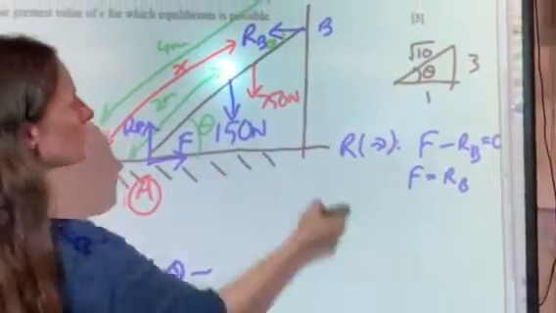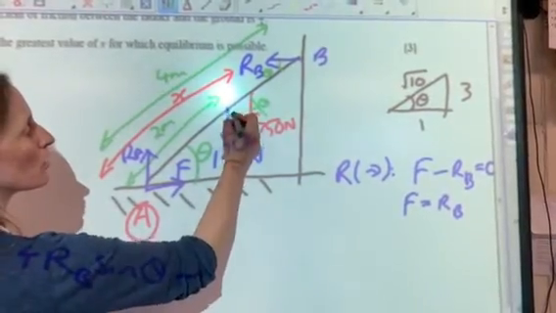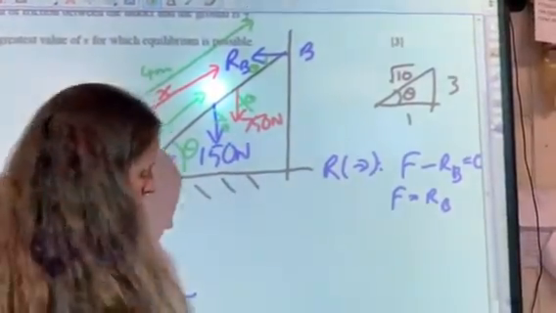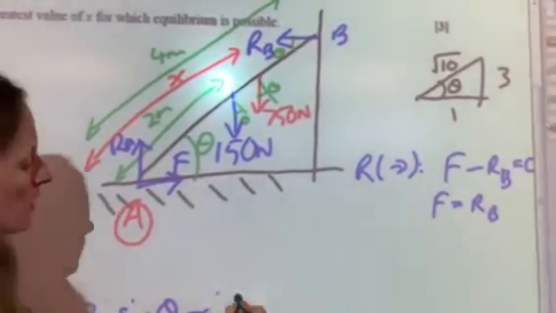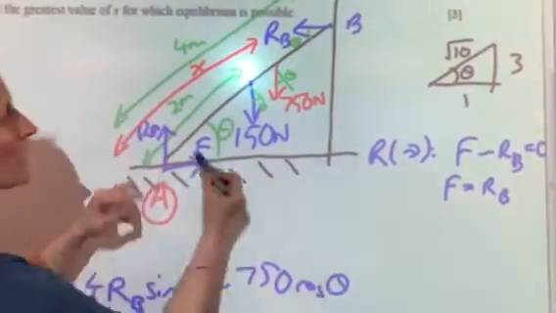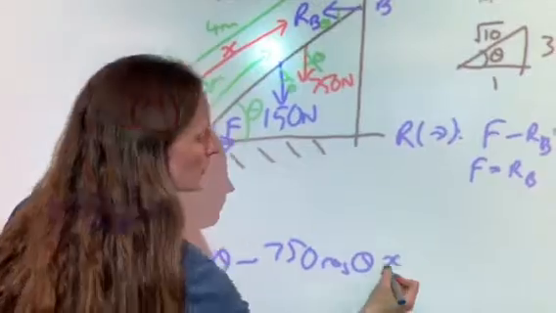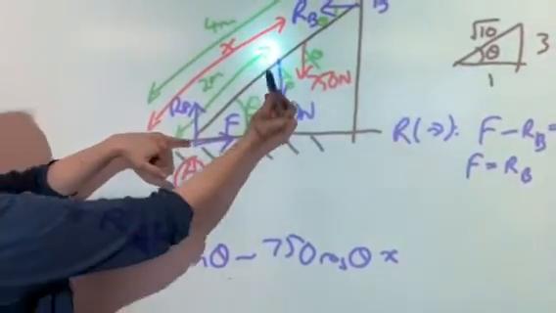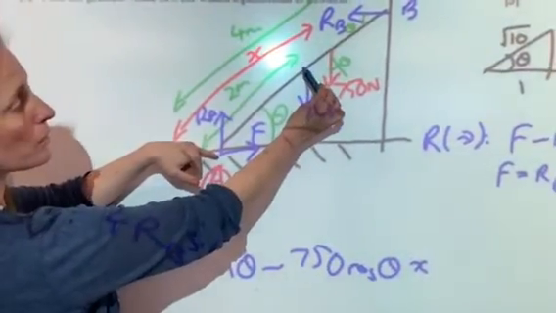We want to do a bit of the 750 newtons, so let's think which bit. If we put in our little angle theta, just like when you're doing weight, we can see that we need the cos part, the adjacent part. So we've got 750 cos theta, and we need to multiply by the distance, which is x. Now we've got this force here, which is the weight. This time we want the adjacent part.